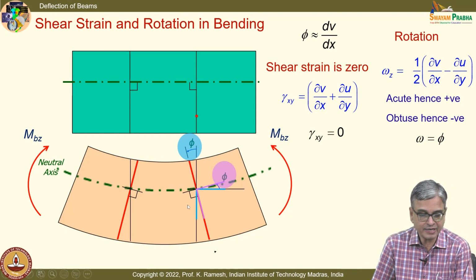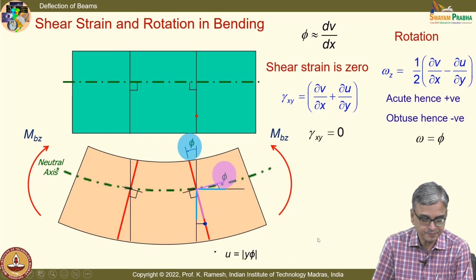And suppose I take a point in the undeformed beam. In the deformed beam, this point will be shifted to this, it is rotated like this, and from the magnitude point of view, you can write u as modulus of y phi. I have epsilon xx is dou u by dou x.